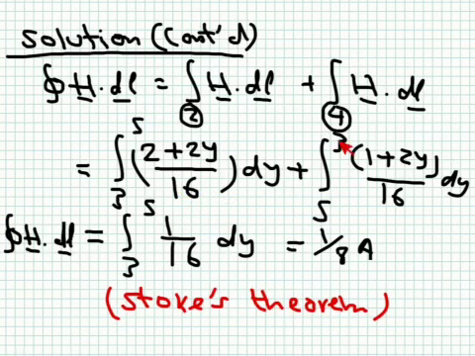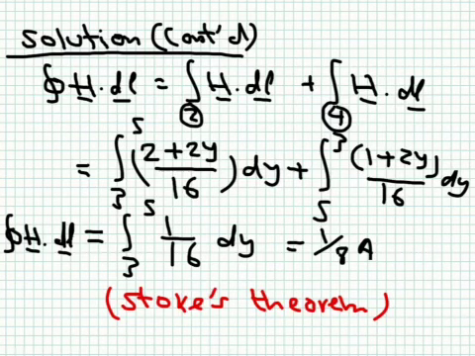If you reverse the order of the integrand, you'll see that this term 2y over 16 will cancel with this term 2y over 16. This will give me 2 over 16 minus 1 over 16, so you end up here with 1 over 16. So the integral will be from 3 to 5 of 1 over 16 dy, which is equal to 1 over 8 ampere, which is exactly the same result we obtained by integrating the current J through that surface.